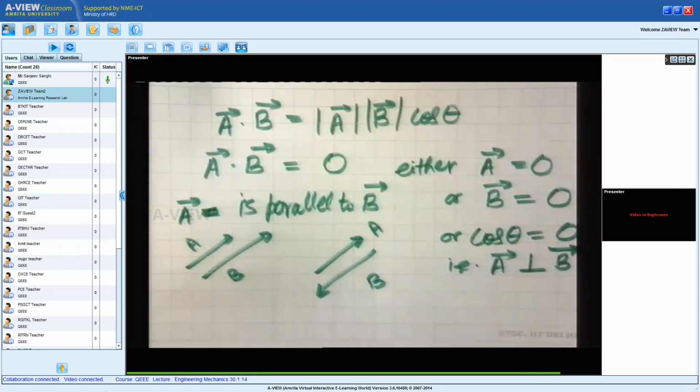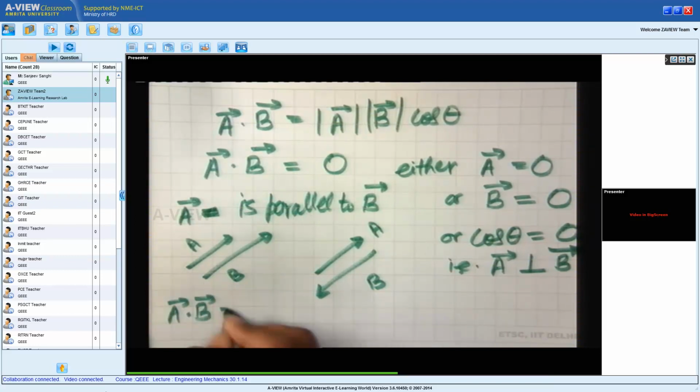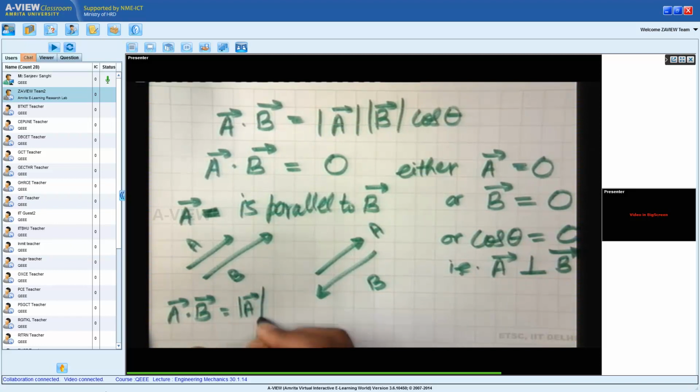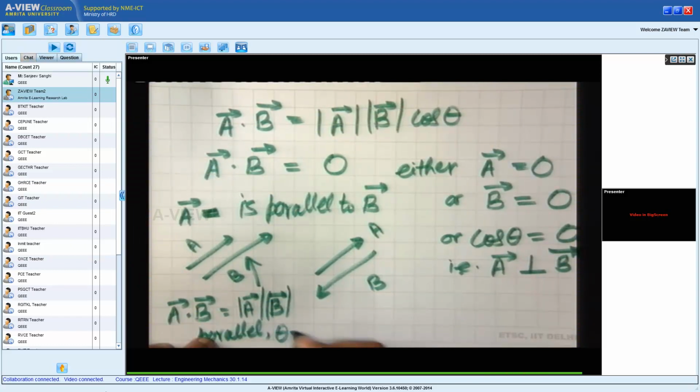Maybe some people may call it anti-parallel. In the first case, A dot B will be equal to magnitude of A times magnitude of B, when both of them are parallel, and here theta is equal to 0 degrees.